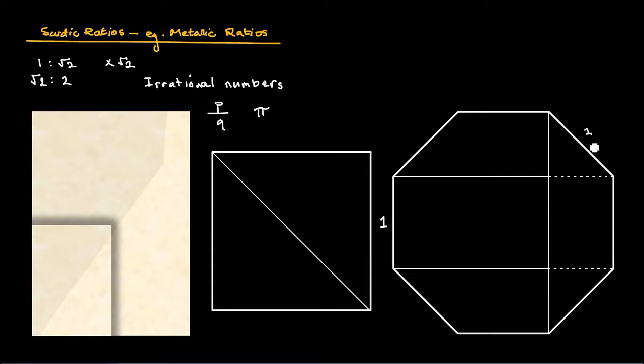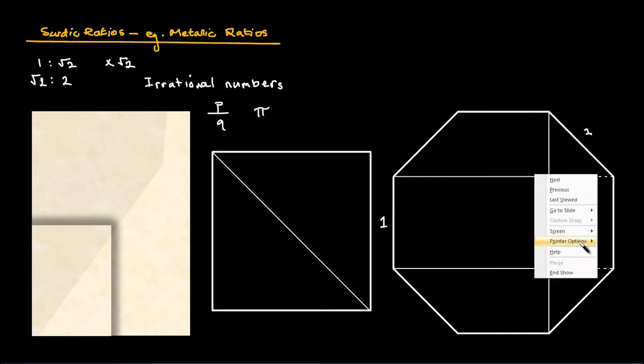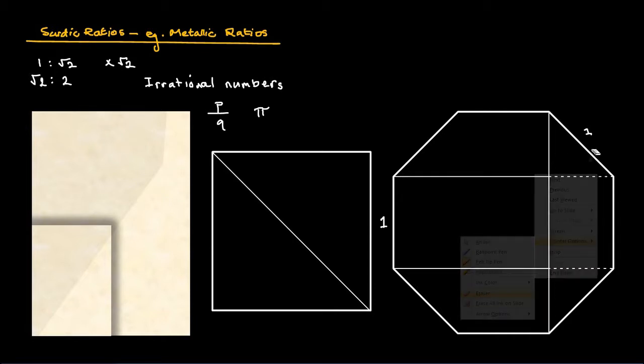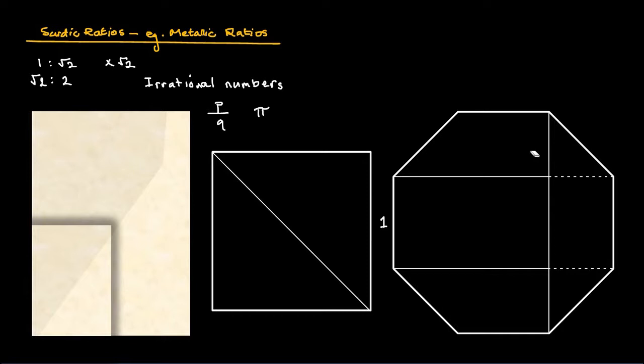Now let's use just a single line for 1, otherwise it looks like 2. There we go. So by Pythagoras, this must be half of the square root, so it's going to be 1 over root 2. So 1 over root 2. That's simply by Pythagoras.